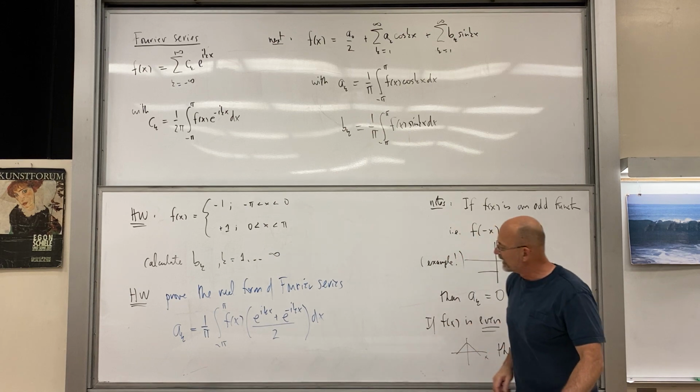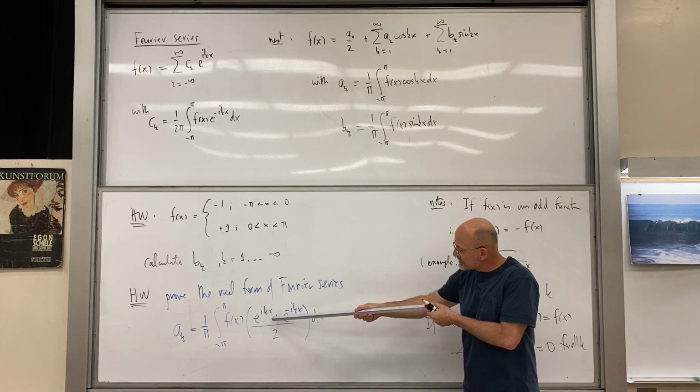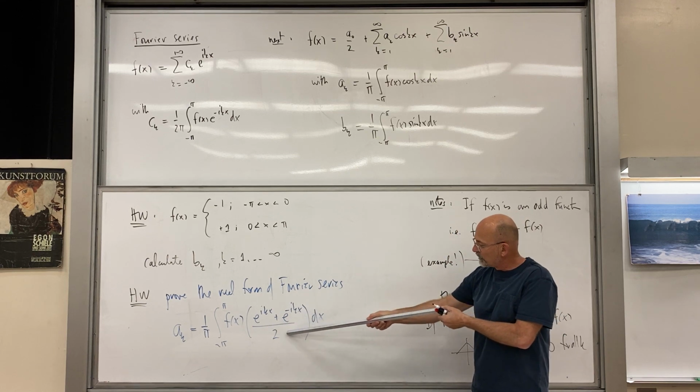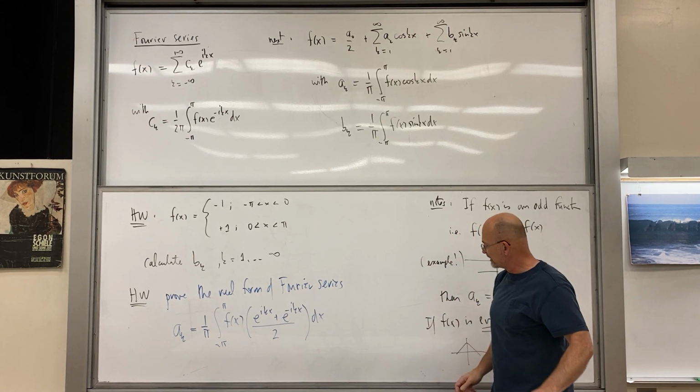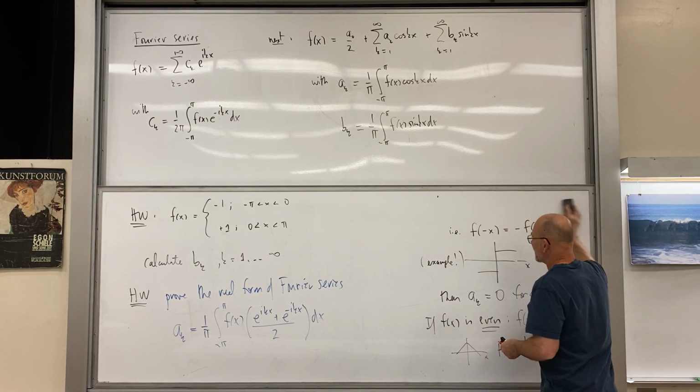And you'll do the same thing for the sine with b sub k, and it'll be e to the i kx minus e to the minus i kx over 2 times i. Okay. But let's just continue with this one and see where it takes us.